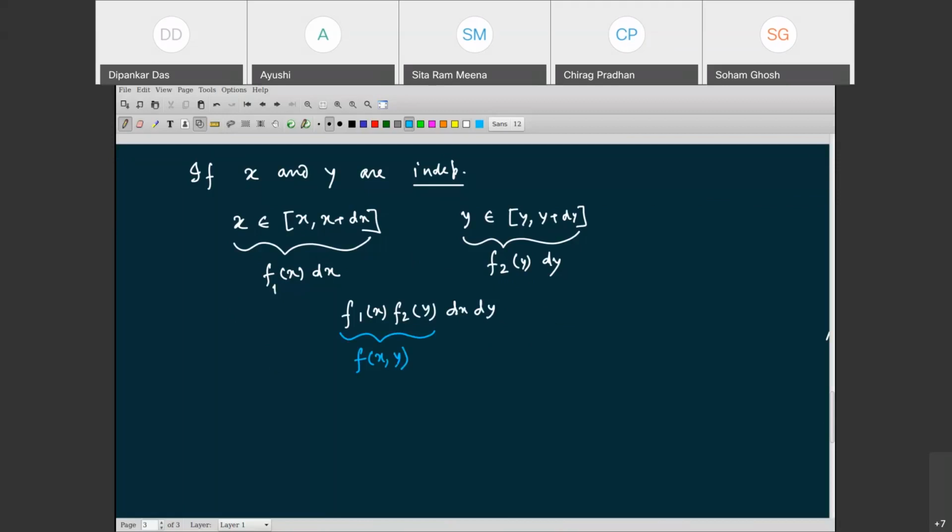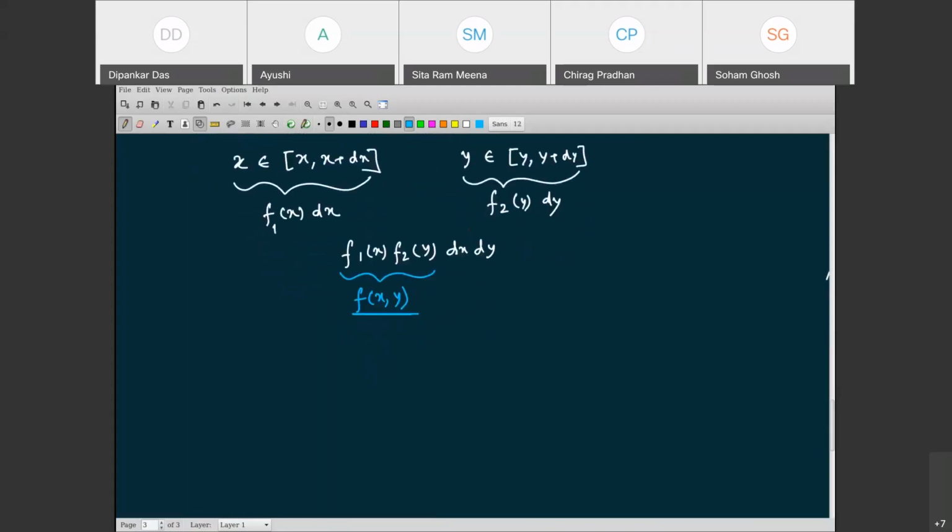So if x and y are independent, then your distribution is factorizable into the individual distributions of the random variables.